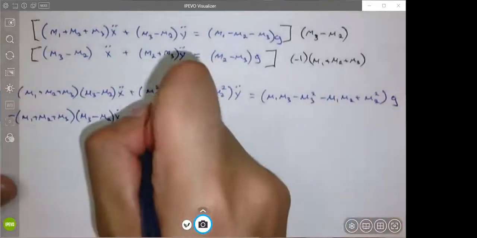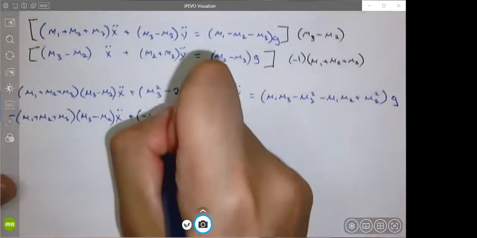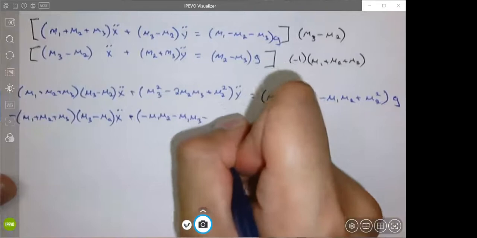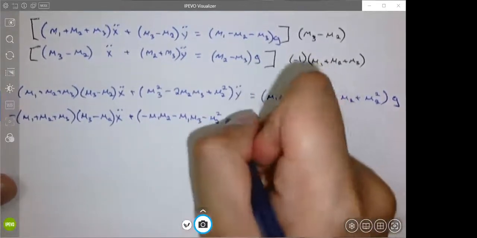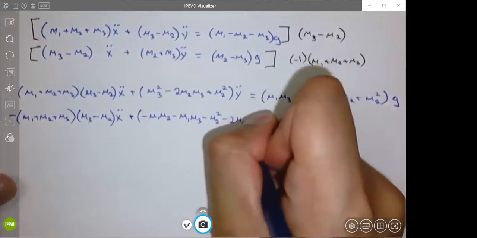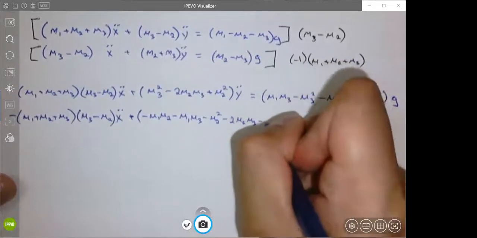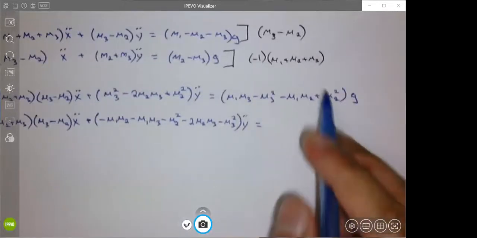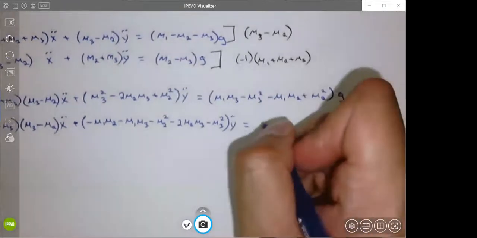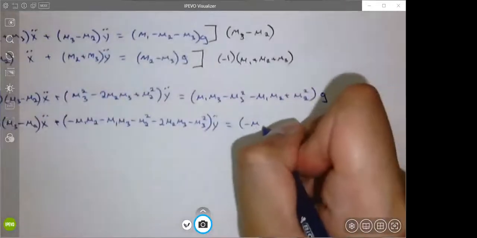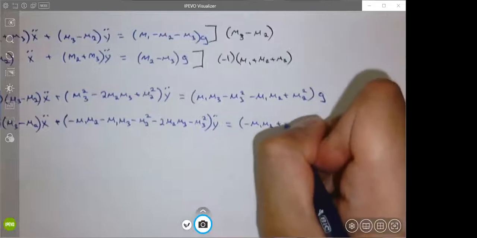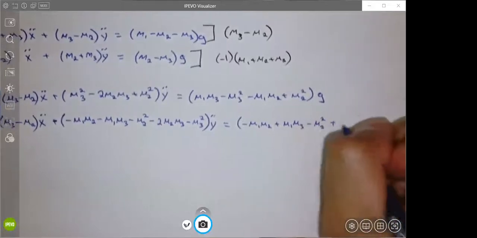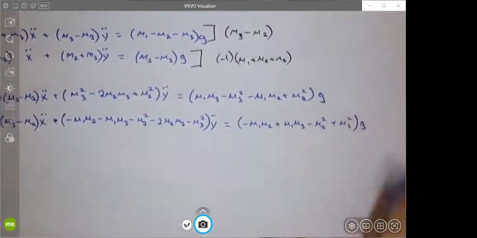We end up with parentheses negative m1 m2 minus m1 m3 minus m2 squared minus 2 m2 m3 minus m3 squared, y double dot, and that's going to equal, we have to distribute this into here, and that'll be negative m1 m2 plus m1 m3 minus m2 squared plus m3 squared, multiplied by g.